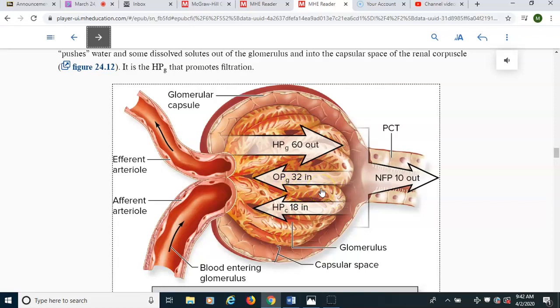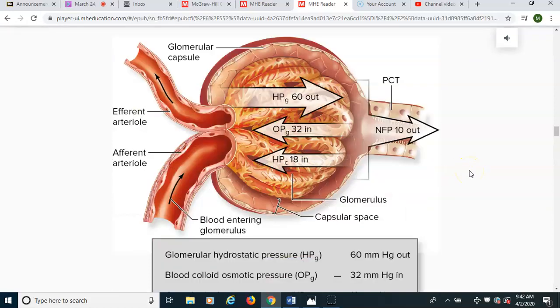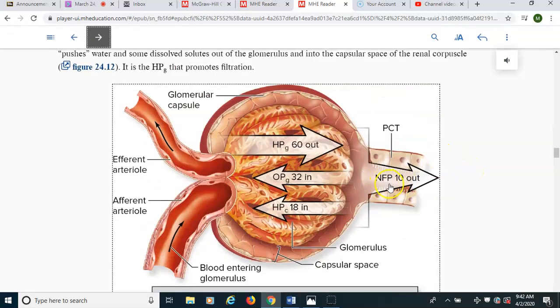And so that always attracts water. Water wants to move from an area where the solute concentration is lower to an area where it's higher. And so we do have that colloid osmotic pressure wanting to draw fluid from the capsular space into the glomerular capillaries too.